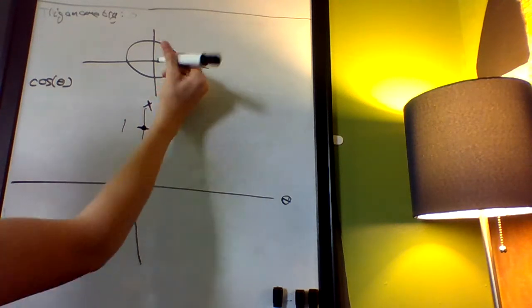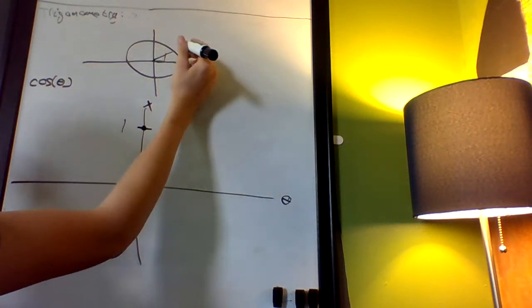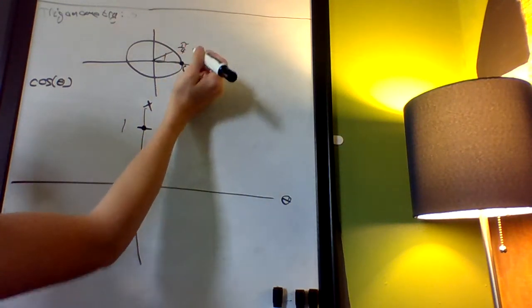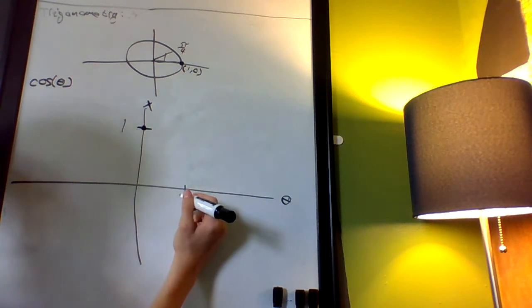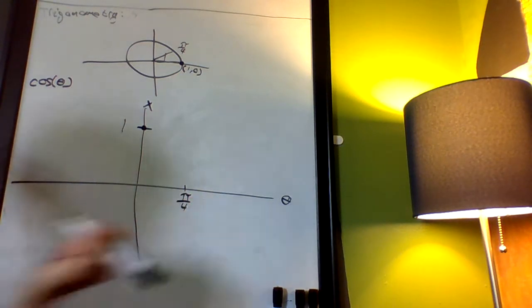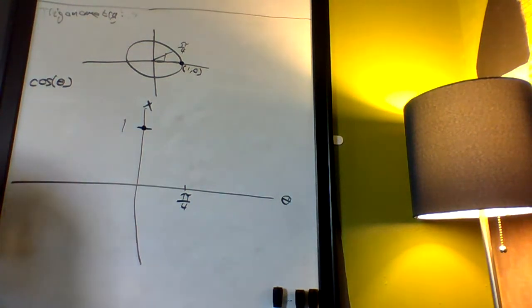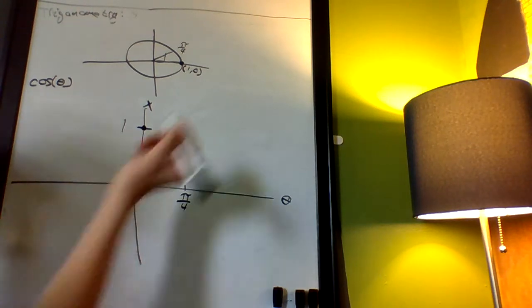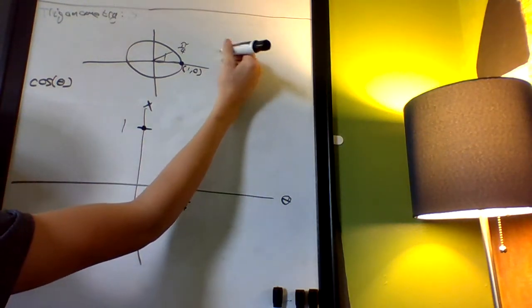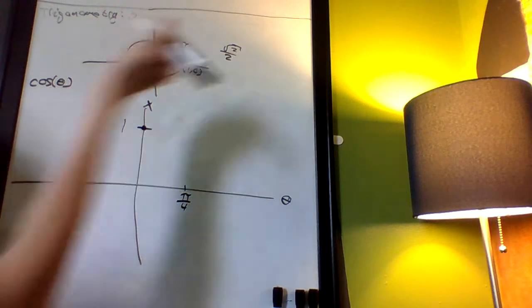Now, let's move along to pi on 4. It's going to be 45 degrees. It turns out that the cosine of that is the square root of 2 on 2. You can check this on your calculator.